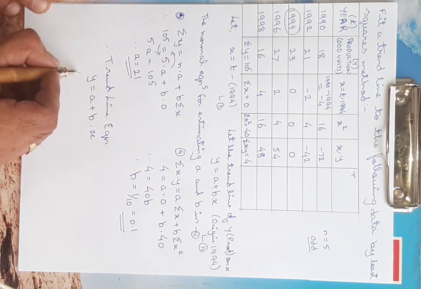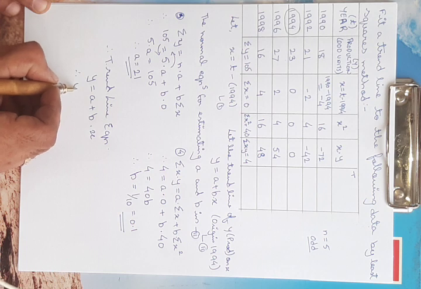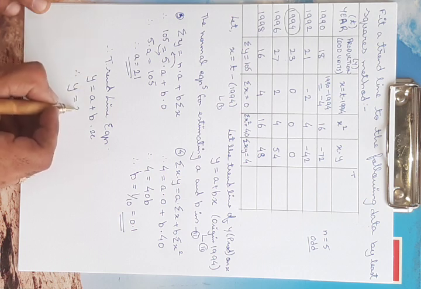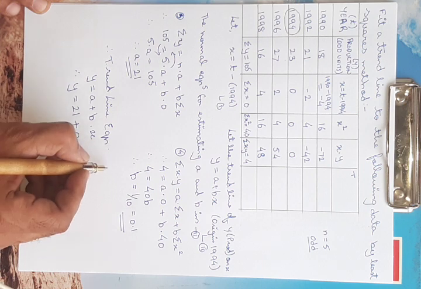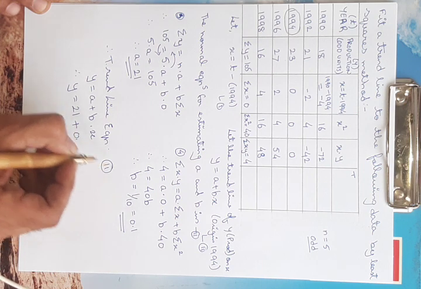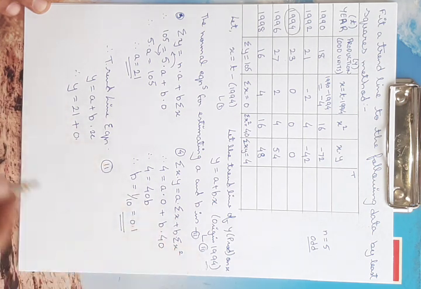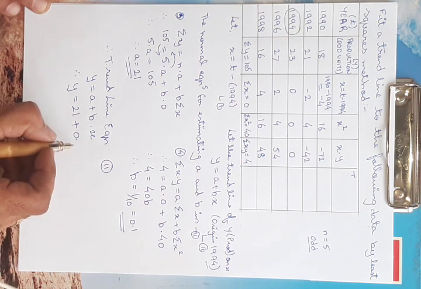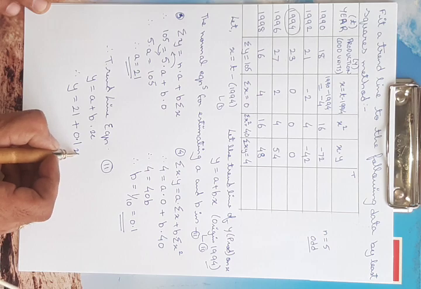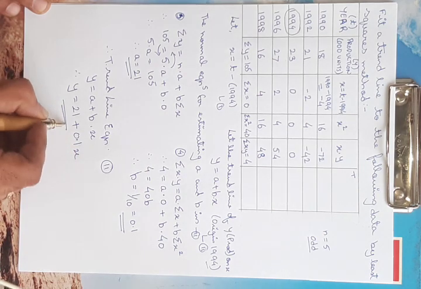What is A? This is 21. What is B? 0.1. This is the trend line equation, that is equation number 2. So y is equal to 21 plus 0.1 multiplied by x. This is our trend line equation.